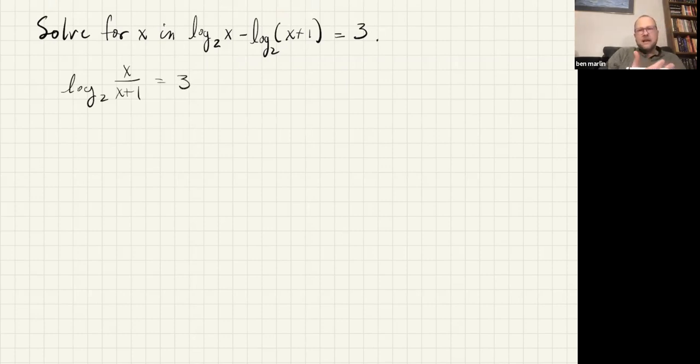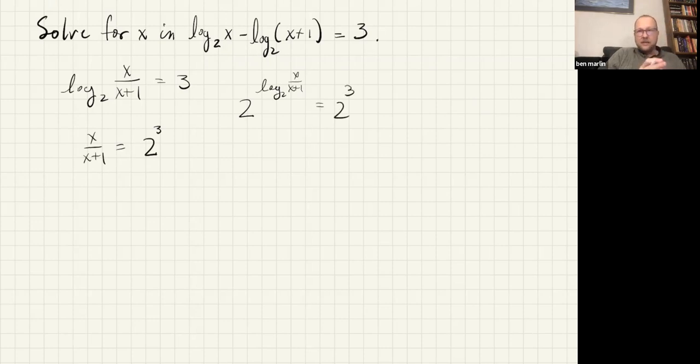Now we use that idea about rewriting to either write x over x plus 1, the stuff inside, is equal to the base to the power, or alternately, you could have written this as 2 to the log base 2 of x over x plus 1 is equal to 2 to the 3.